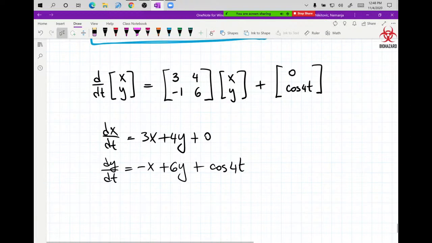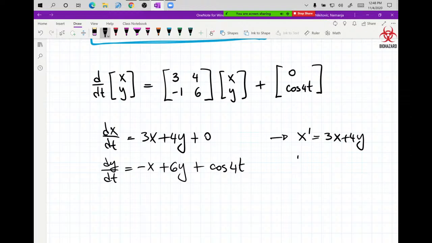Now we just rewrite this the way we're used to them. x' is equal to 3x plus 4y, and y' is equal to negative x plus 6y plus cosine 4t. This looks exactly like the equations we solved last class when we transformed them, where we used that D notation.